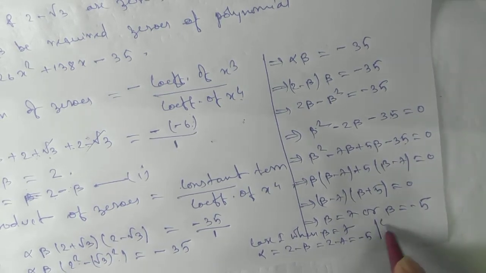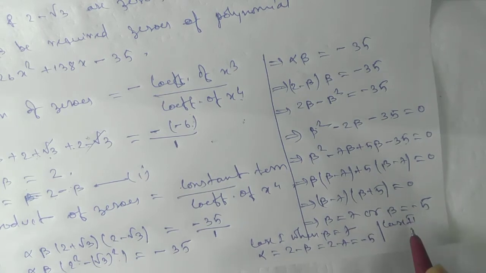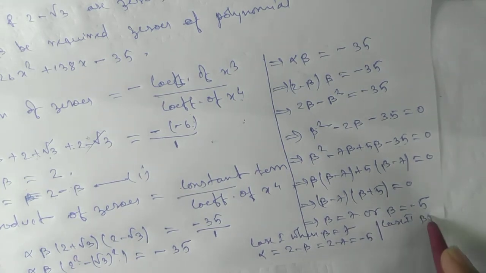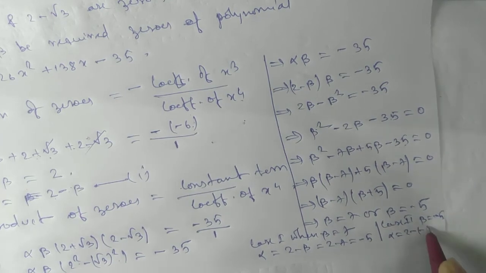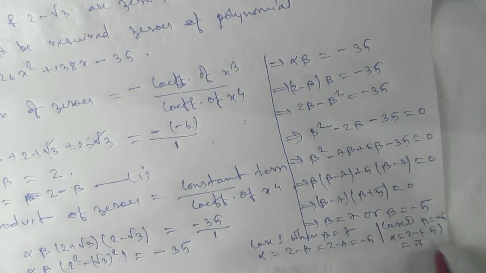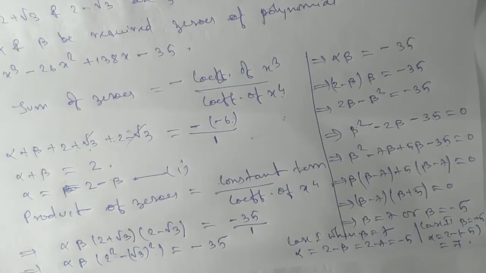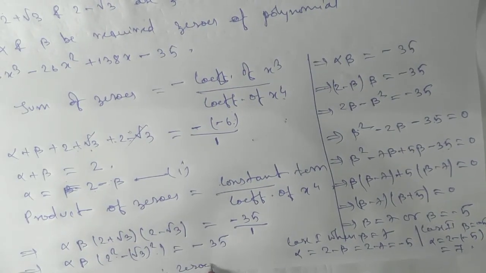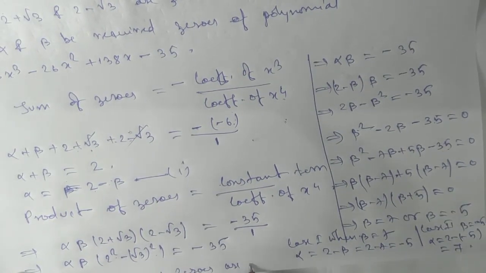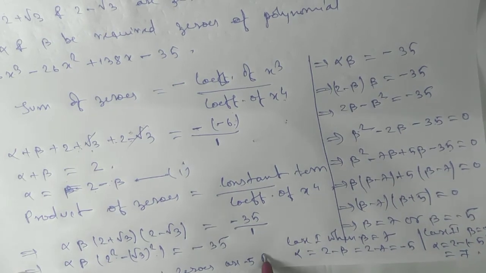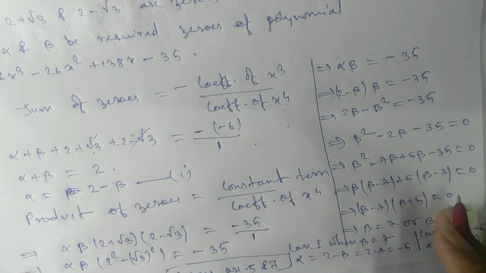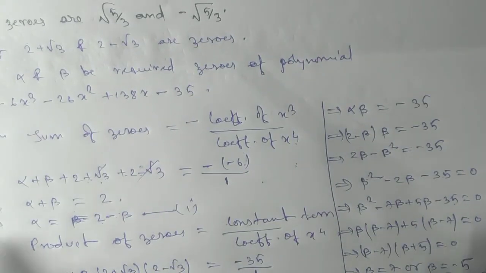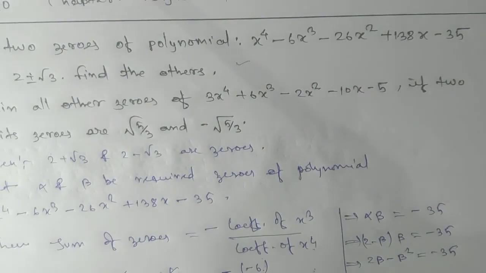And if we take case 2, beta equals minus 5, we get alpha equals 2 minus 5, which gives 7. Therefore the zeros are minus 5 and 7. This is our answer using the coefficient and zeros relationship. Okay, thank you.